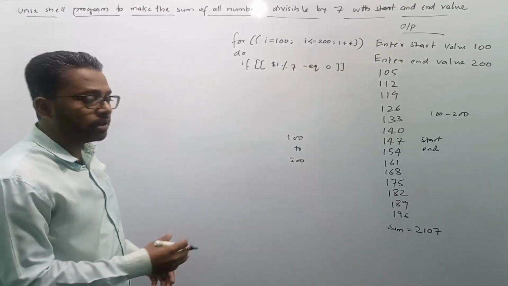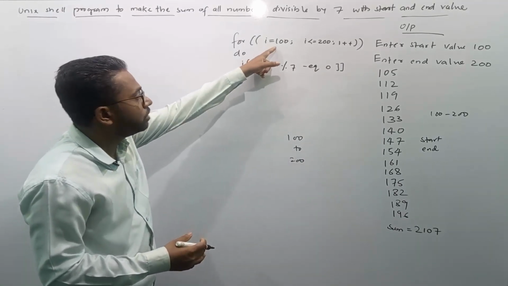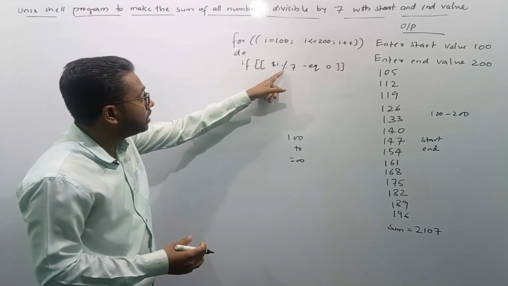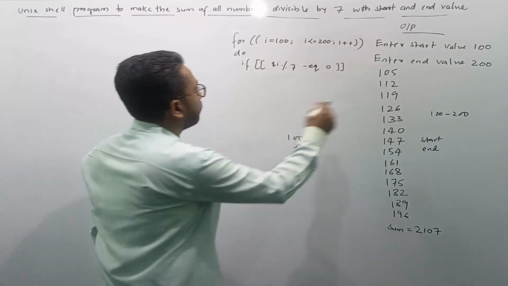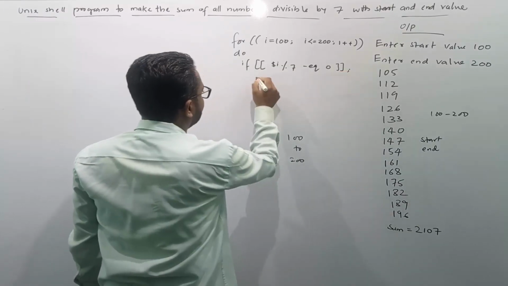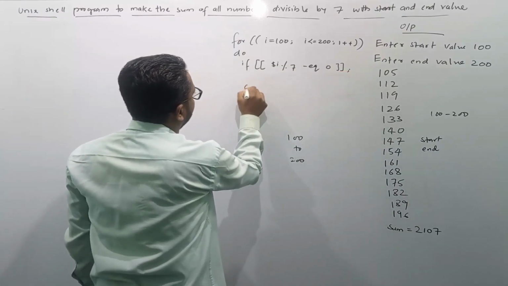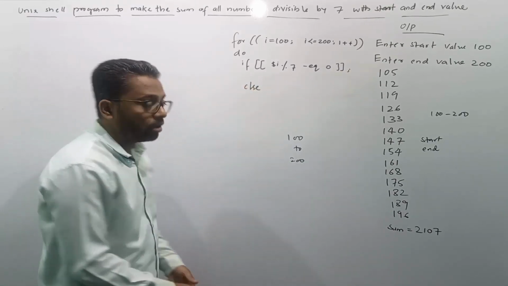For the very first time I am checking whether i, whose value is 100, mod 7, is 100 divisible by 7? No. So I will come inside else. Okay, I will not use else here.